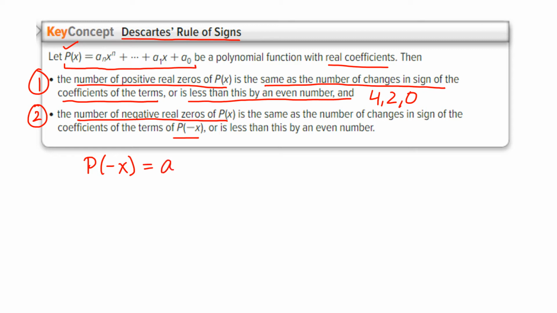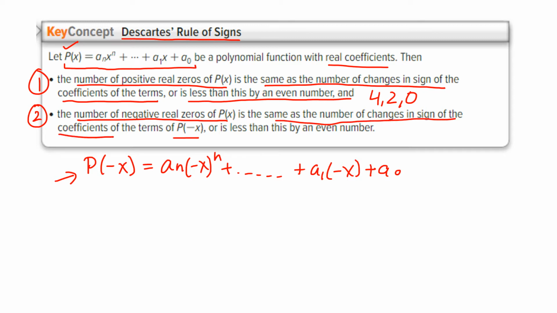So it will be a_n(-x)^n plus ... a_1(-x) plus a_0. Now you are going to look at the change in sign of this polynomial P(-x). The number of negative real zeros of P(x) will be the same as the number of changes in sign of the coefficients in this P(-x), or again, just like the first one, it can be less than that by an even number.